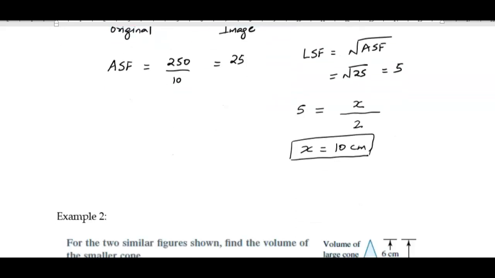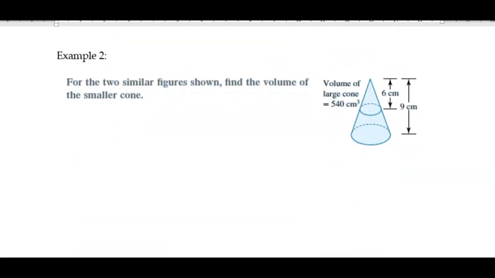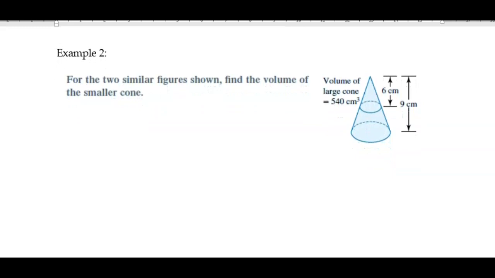Alright, with that behind us, let's jump into a second question. For the two similar figures shown, find the volume of the smaller cone. So we have two cones here. We've got the smaller cone, and I'm just going to draw them separately to make it easy for us, which has a height of 6 centimeters.